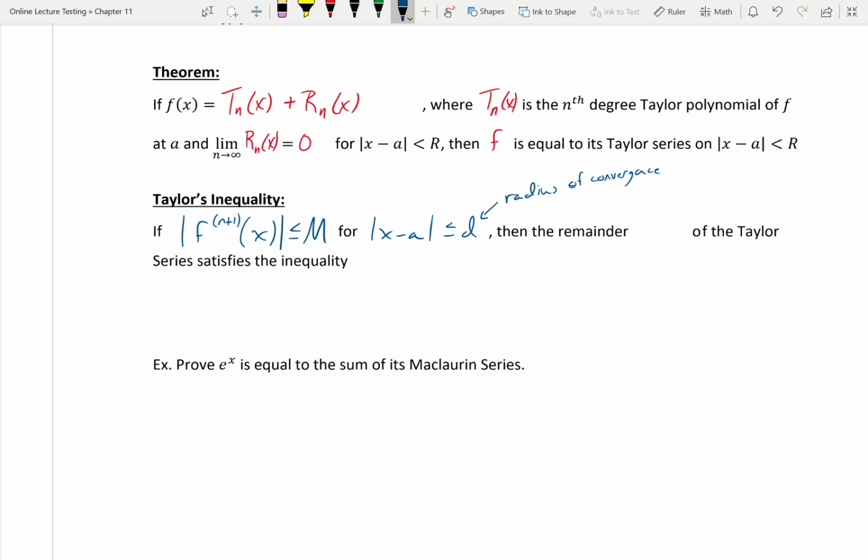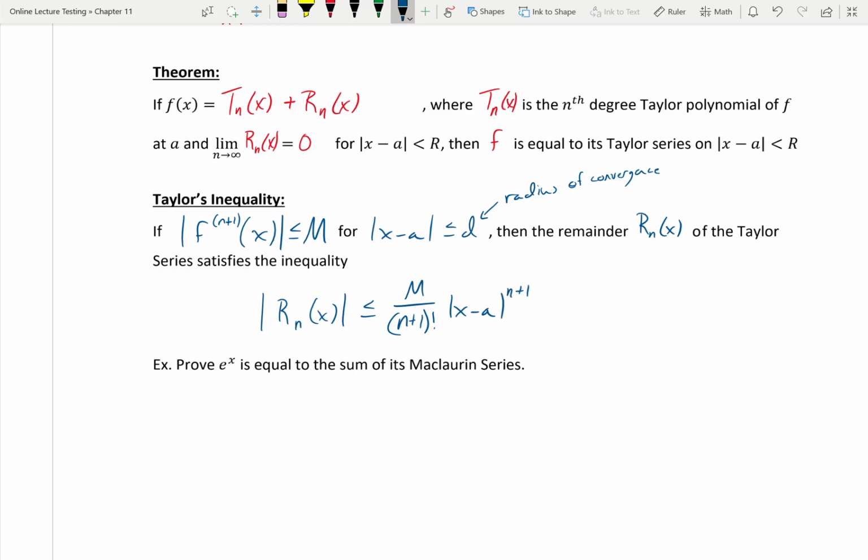Then the remainder, r sub n of x, of the Taylor series satisfies the following inequality. The remainder is less than or equal to big M over (n plus 1) factorial times the absolute value of x minus a to the n plus 1.